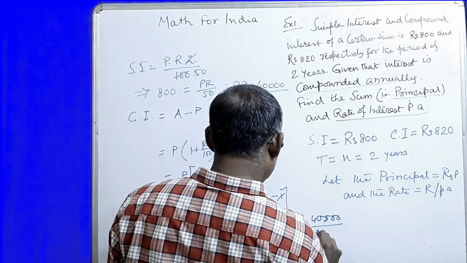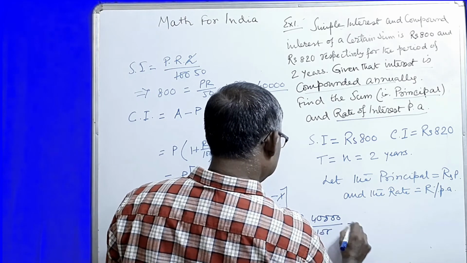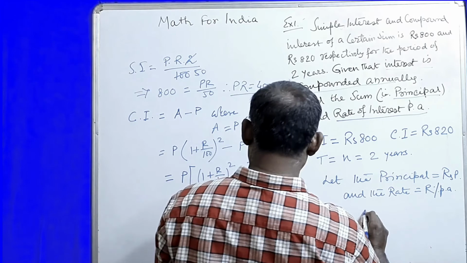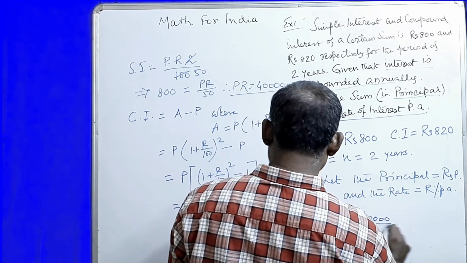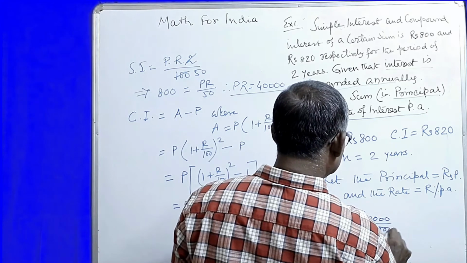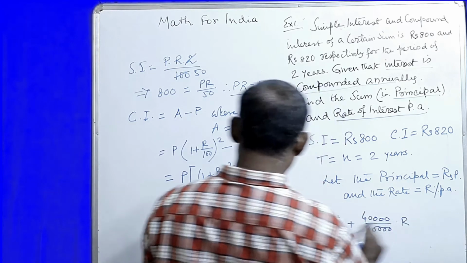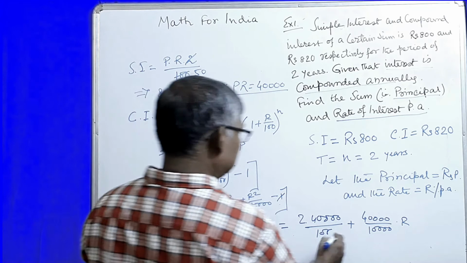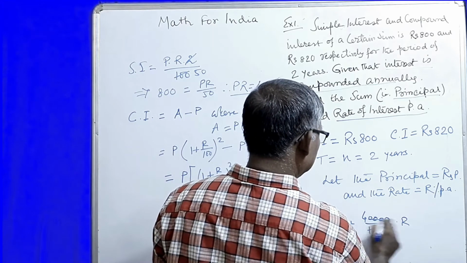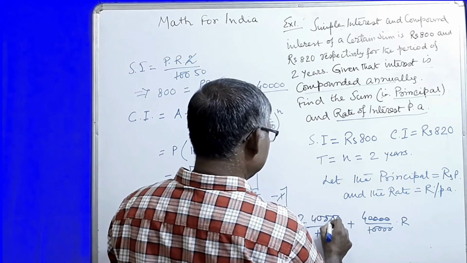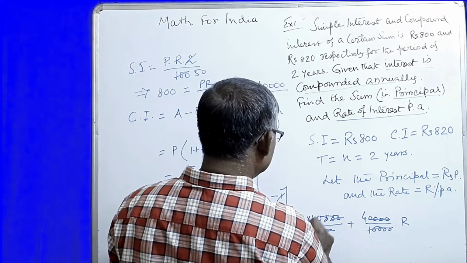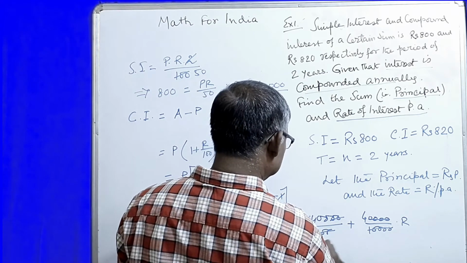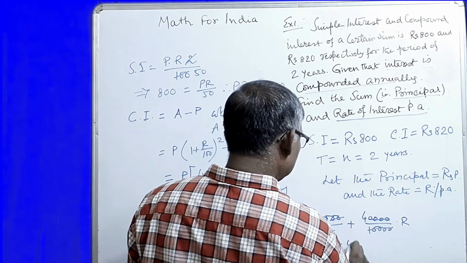by 100 plus PR means 40,000 by 10,000 into R, that is 4R, and here is equal to 2 into 400, that is 800 plus 4R.